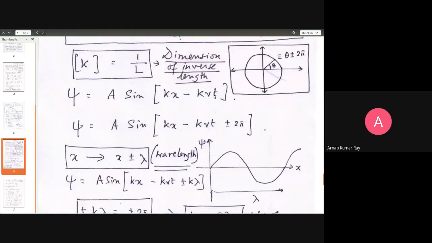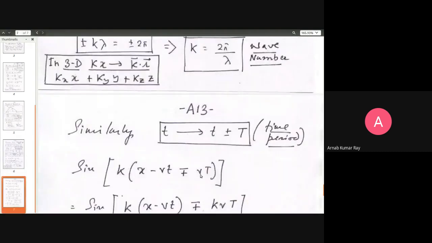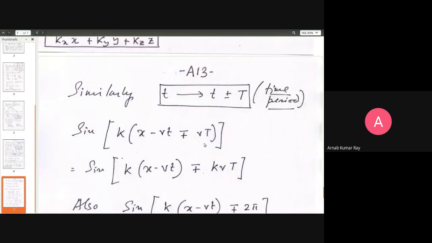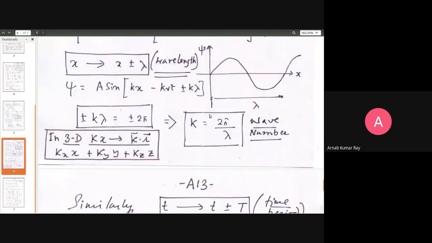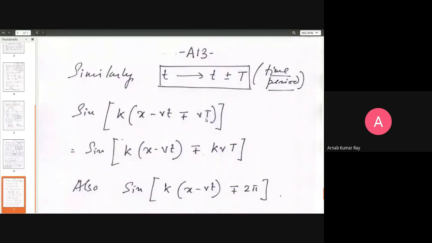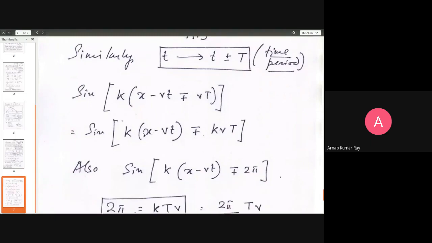We will substitute the small t with small t plus or minus capital T. And so what we will have here is x minus vt minus plus vT. Note that we had plus minus here, but since there is a minus sign before t, you will have to write this as minus plus vT. Okay. So then the next thing will be kx minus vt minus plus kvT. And also the same thing you will see for the sine part. So kx minus vt. So whether you go forward or backward, it doesn't matter in the phase.